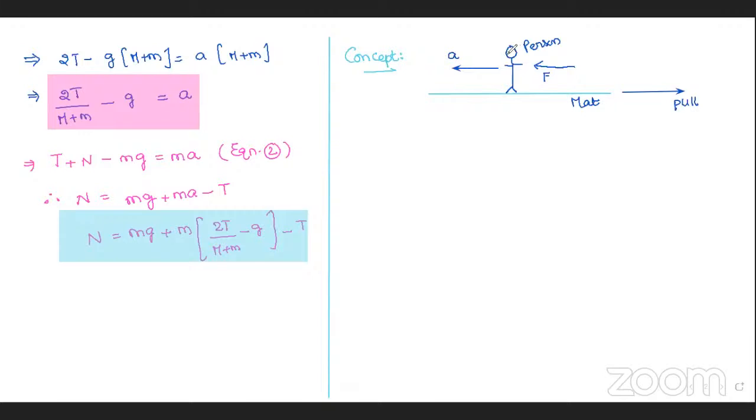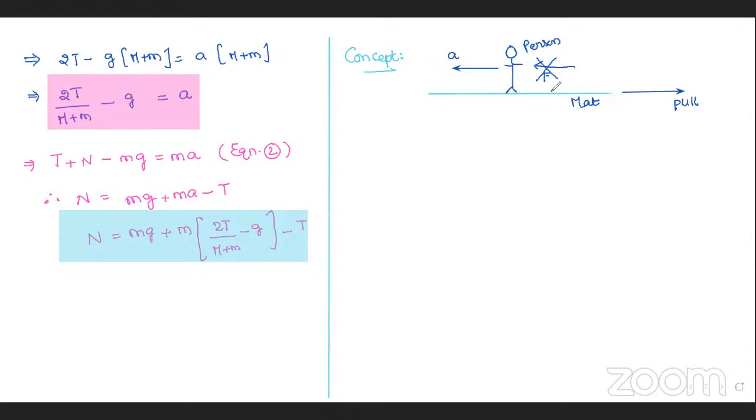For that, Shrestha gave one answer. Even though you are not applying a force on the person directly, indirectly, the part in contact with the mat, the legs, you pull forward.